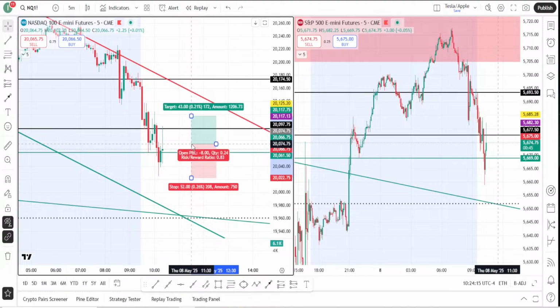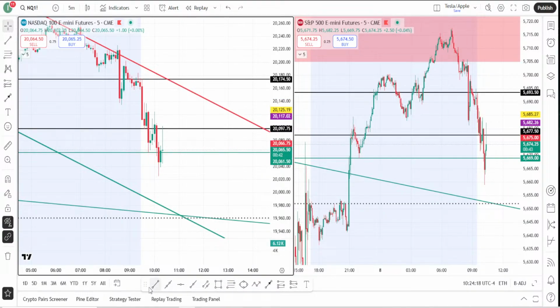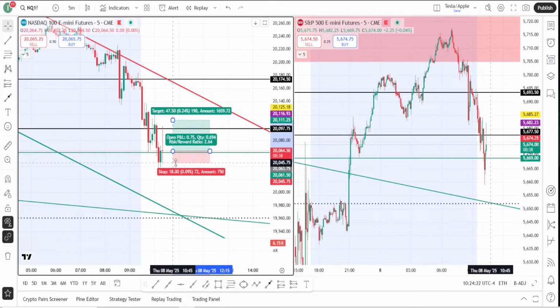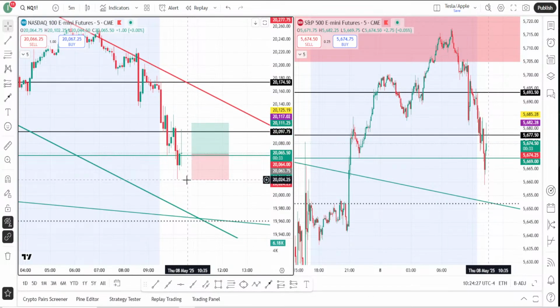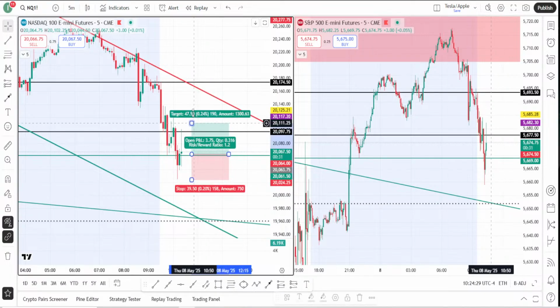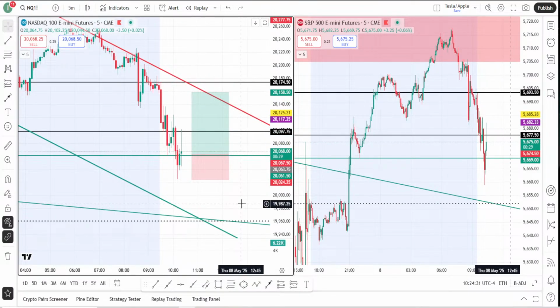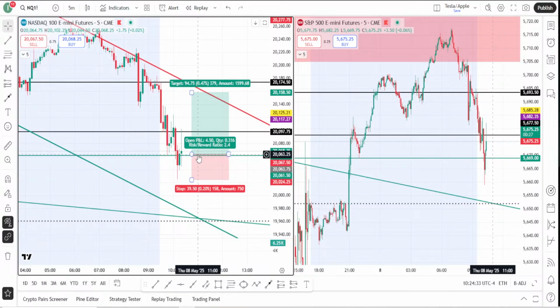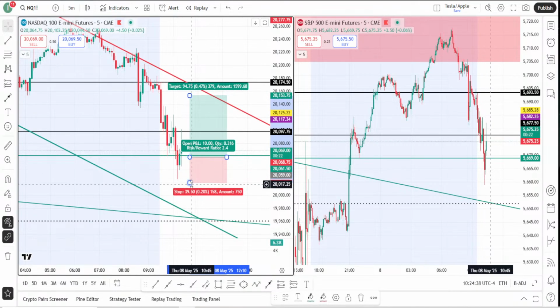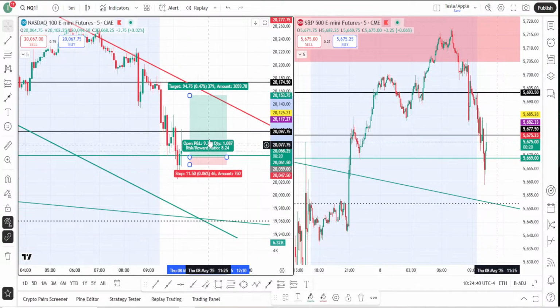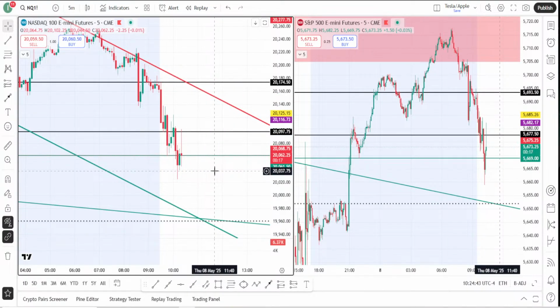If I'm going against the trend, I would not put my stop over here. It just doesn't make any sense. I'll put it down here, because anywhere here, you might just be an easy target for the market to stop you out.